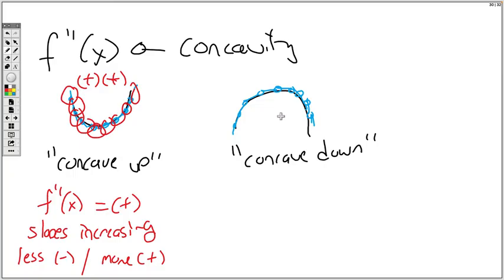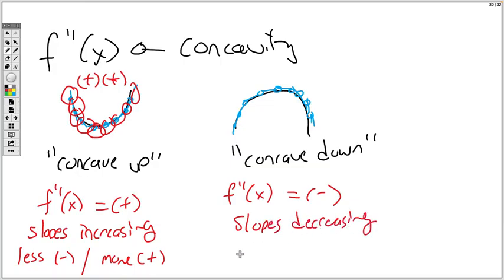They're either becoming less positive or more negative. So here, the second derivative is negative. The slopes are decreasing. And so that's your concave down. That's the sad face.